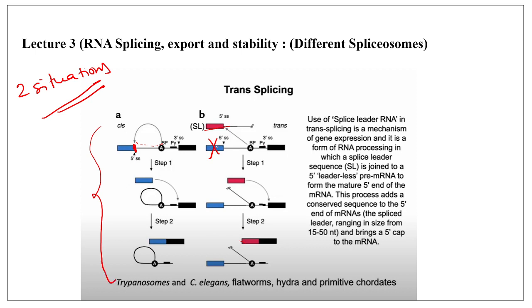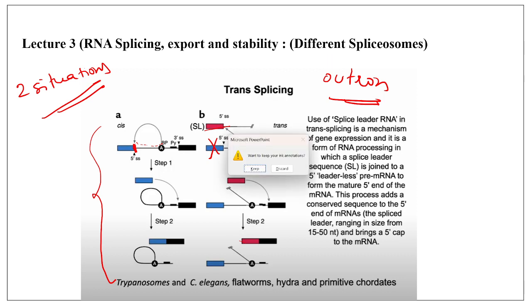In trans splicing, the splice leader RNA is joined with it and is used for the splicing mechanism. And because it is coming from outside, the region which is removed is known as the outron, because it is projected outwards and comes from outside. Both reasons are there.